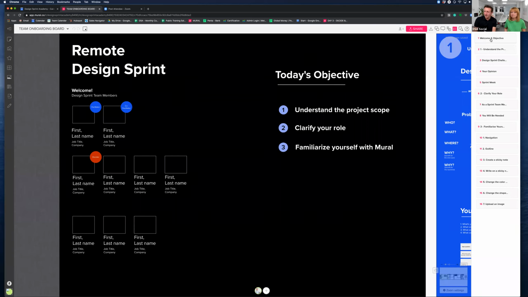On top of that, you have people who don't know the tools and have no idea how to use Mural, for example, or any digital collaboration tool. Plus, there's another question, the first question is, who else is going to be in the design sprint team?